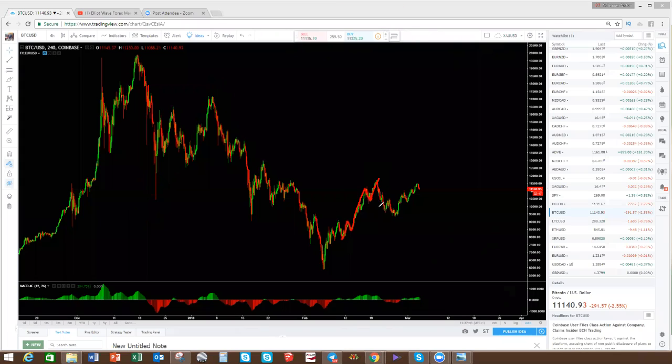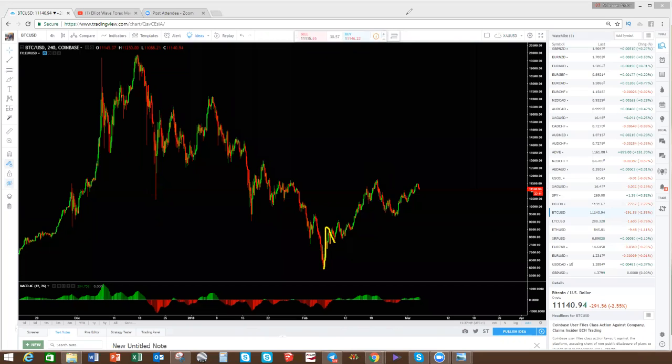So no, that's also not correct. I was looking at it as a 1, it's a 2. And then from there, I'm looking at this as a 1, 2. Not to confuse you. This cannot be a wave 4. I was looking at this as an ABC. But it looks like this is going to be the move.